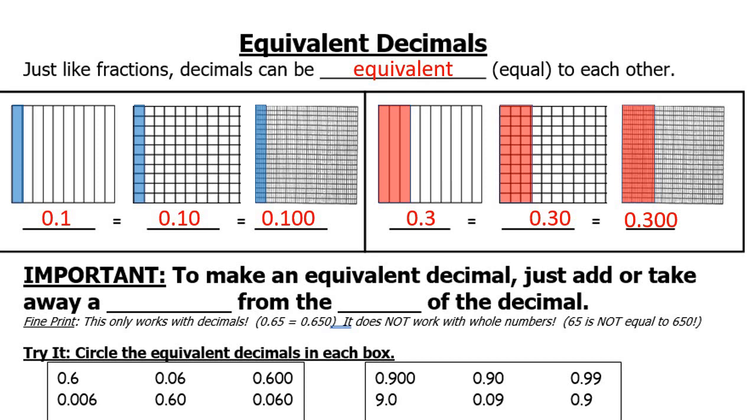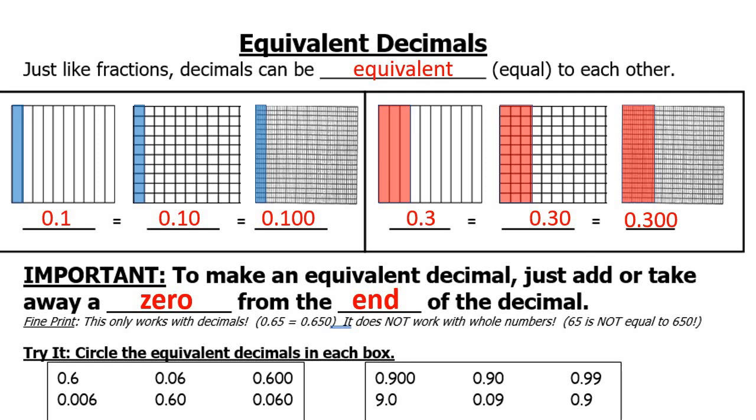Finding equivalent decimals is actually a lot easier than finding equivalent fractions because all we're doing here is adding zeros to the end of the decimal, and that makes each decimal equal to each other. So, super important idea here. To make an equivalent decimal, all we have to do is add, or we could even take away, zeros from the end of the decimal. That's it.